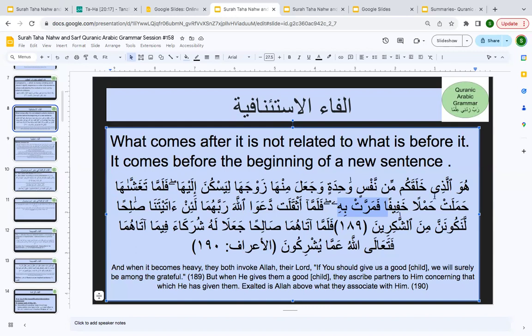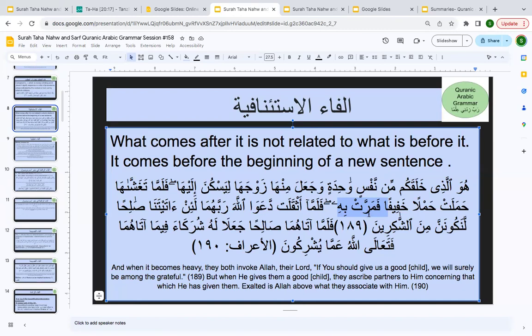So there is one event. She got pregnant lightly, and then she passed by it, and then she carried it. Yes, then she carried it.